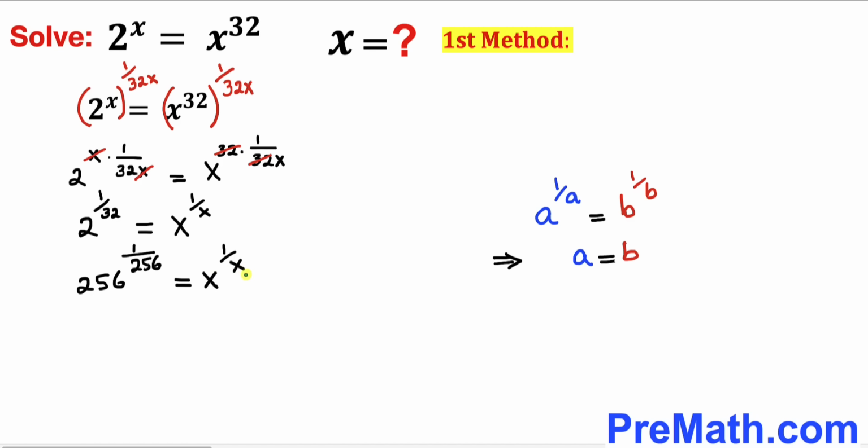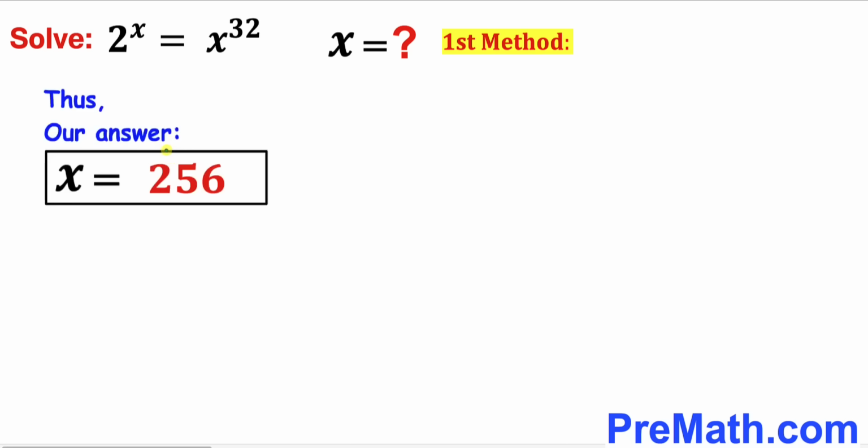And we are going to apply that rule on this given equation. So we conclude that our x value is going to be equal to 256. So thus our solution x value turns out to be 256 by using the very first method.